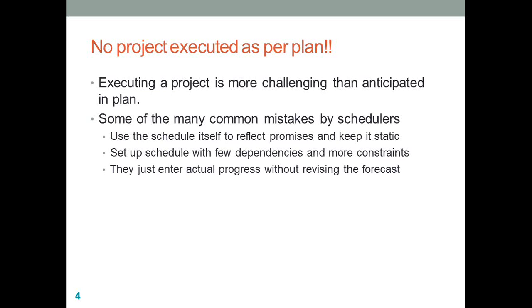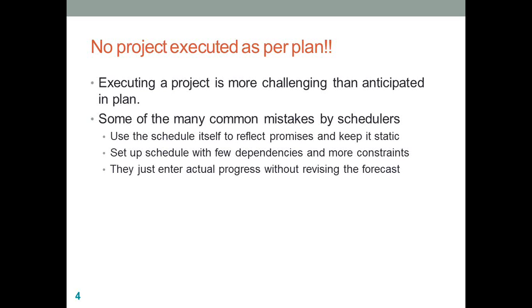The second mistake is they have more constraints and fewer dependencies between the activities in the project, which means whenever any of the initial activities planned gets delayed or gets completed ahead of the original estimates, the other activities may not get adjusted accordingly.